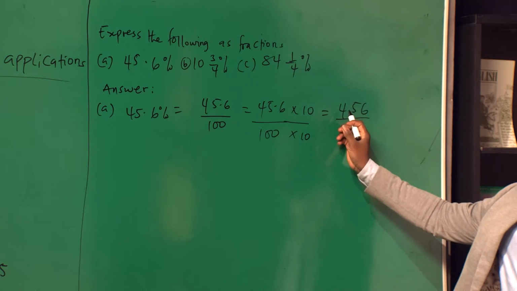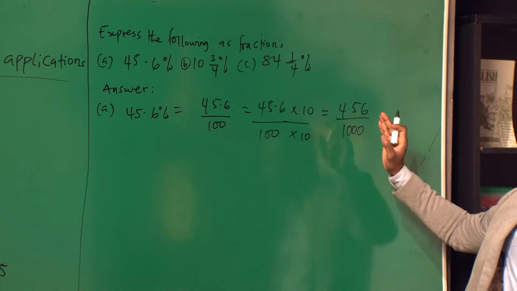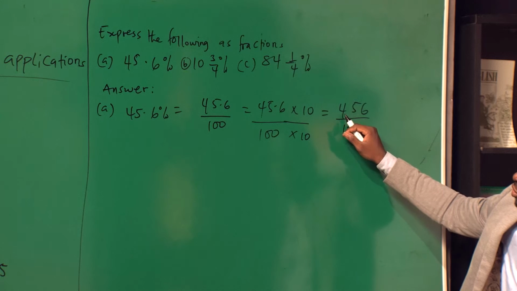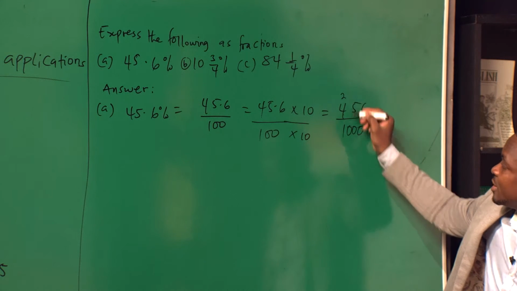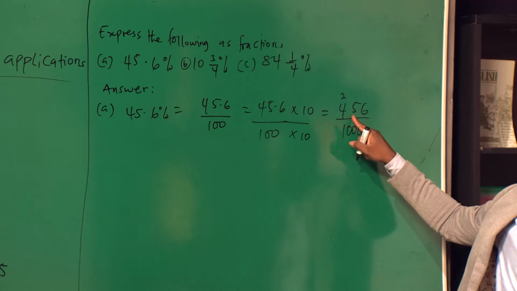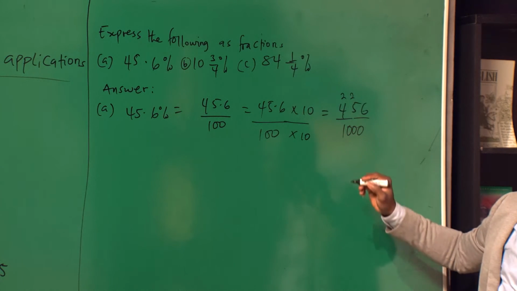Into 4. So this is how you break it into hundreds, tens, and then units. So 2 will go into 4 how many times? 2. So you write 2 here. Samira, into 5, how many times? 2 times, remaining 1.